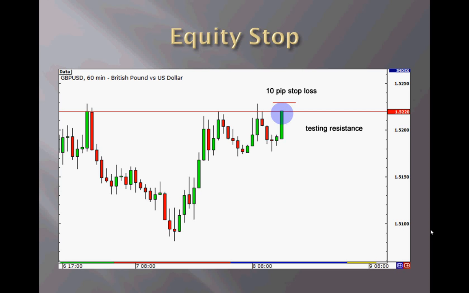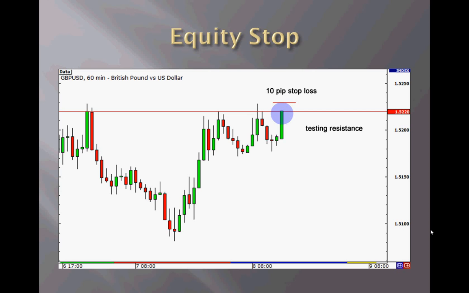At 20k units of pound dollar, each pip is worth $1, and 2% of his account is $10. So the largest stop Ned can put is 10 pips, which he's decided to do on his trade, putting his stop at 1.5630. 10 pip stop, just above resistance.